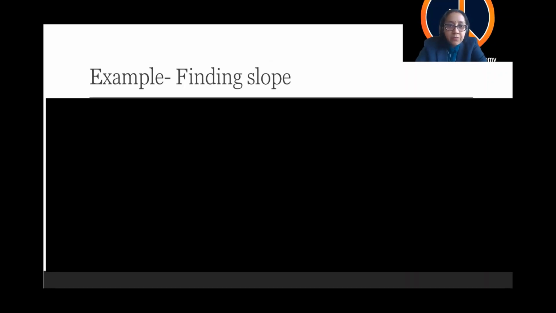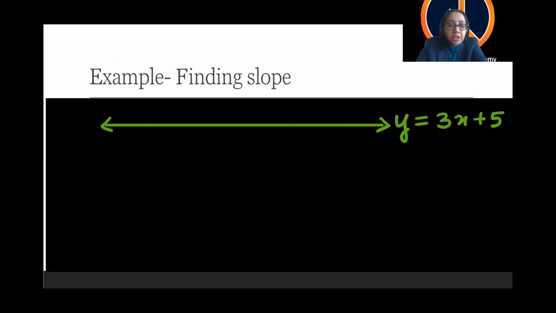Now let's start with an example. You have this line segment, and let's say the equation of this line segment is y = 3x + 5. We can compare it with the general form, y = mx + c, that we just discussed.